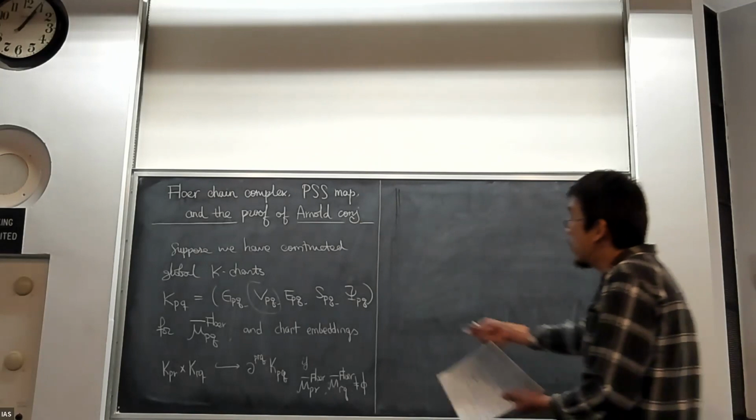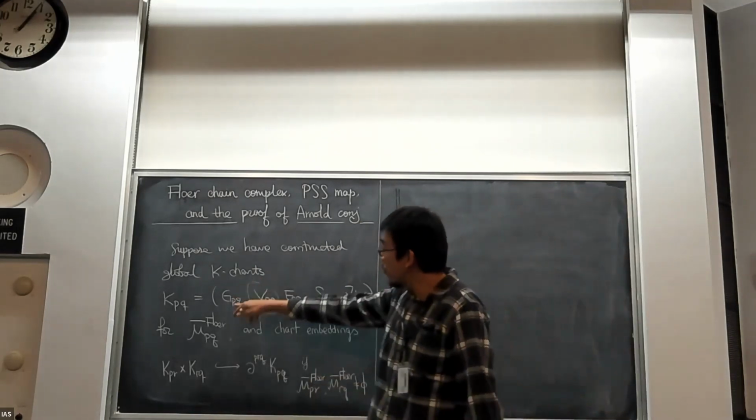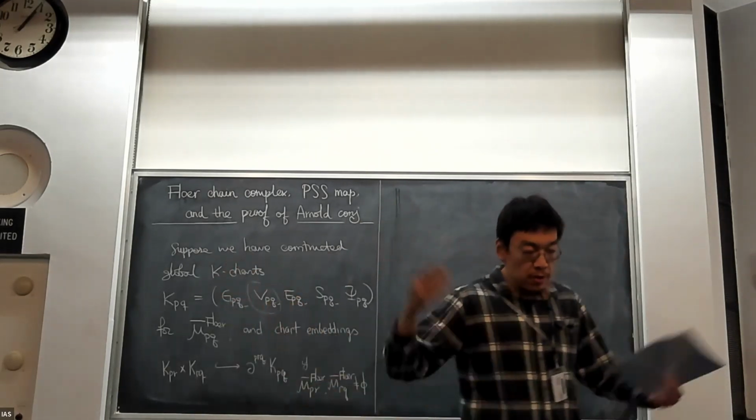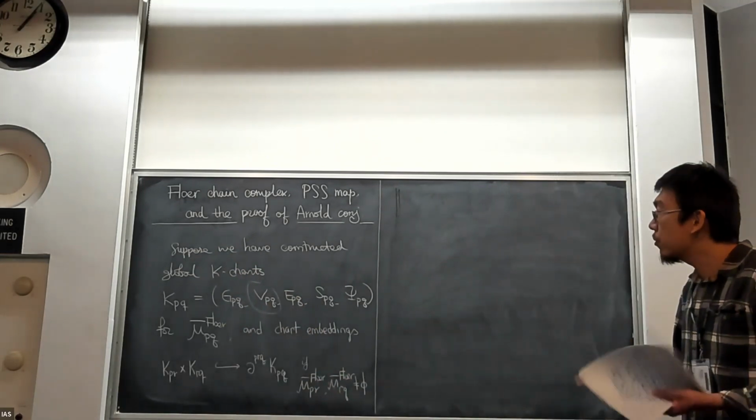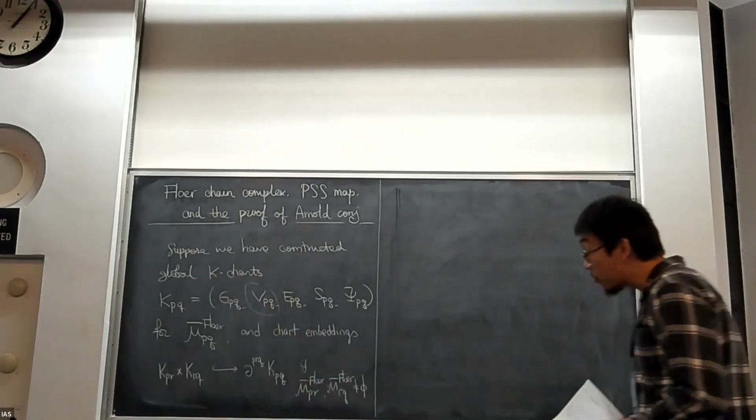Then from the K charts, which have compact group symmetry, you just divide by this group of symmetry, and then you obtain these D charts, derived orbifold charts.